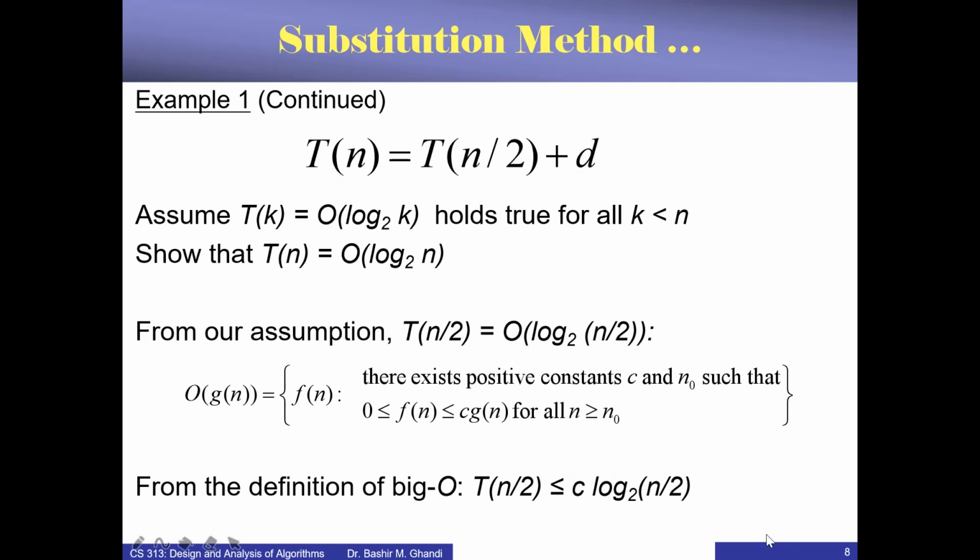So it is at this point that we now need to do the substitution in our original equation. Remember our target is to prove that T(n) is big O of log of n to the base 2. So we want to eliminate this T(n/2) from the right hand side.